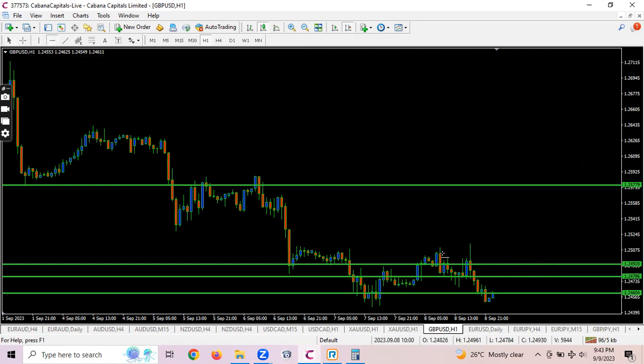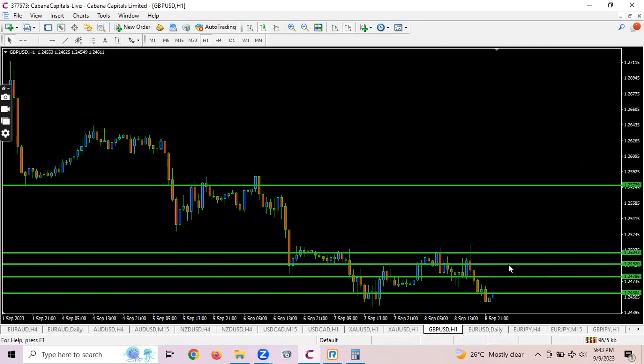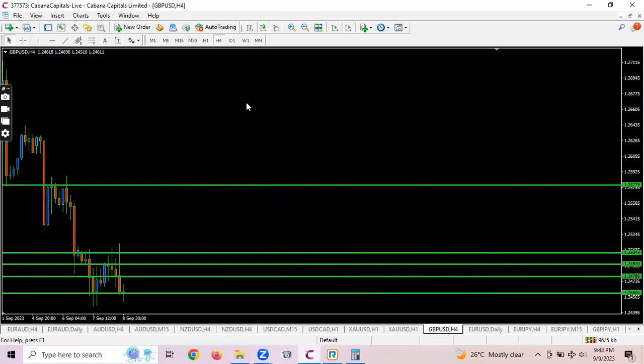We had the resistance here on 1 hour. So you could either work with this zone or this zone. Patiently wait for a 4-hour candle to close above this zone before you buy. I hope that is clear. Before you buy, wait for a candle to close above this zone.